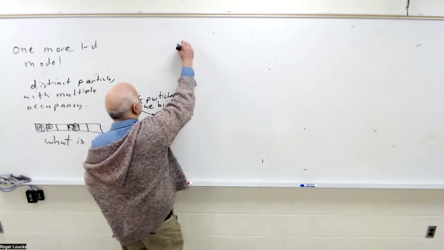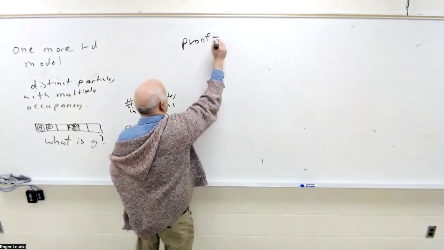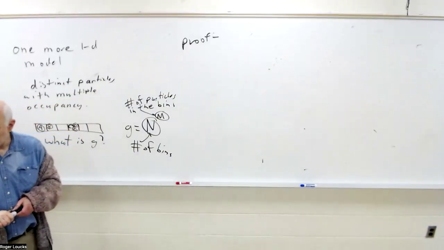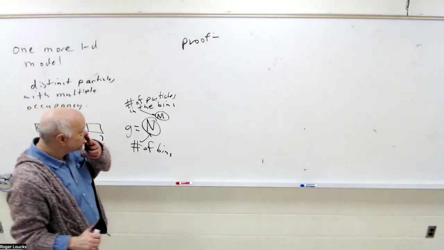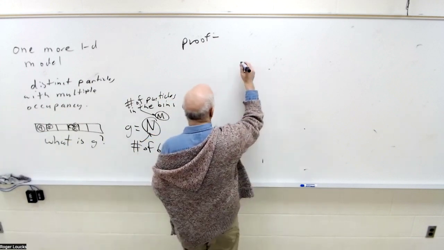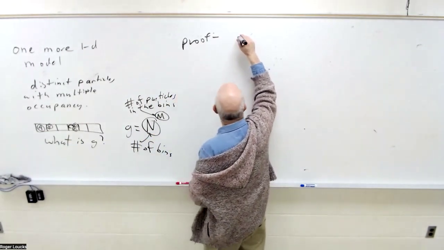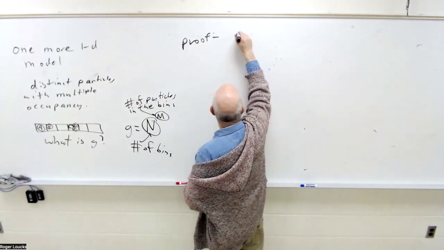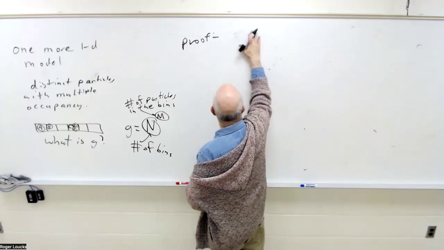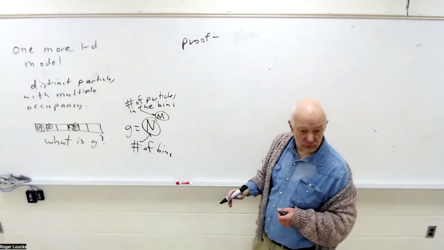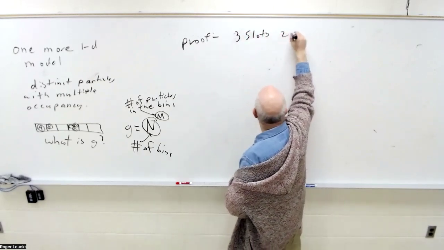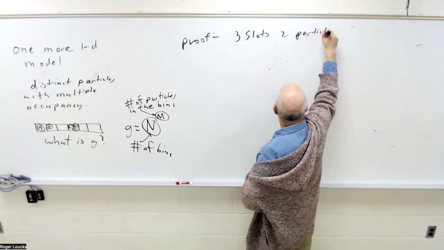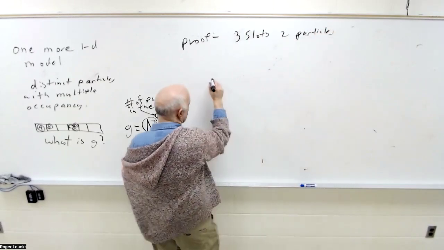I'm going to do a proof with cartoons because I think that actually makes more sense to me, at least in my tiny little brain. So let's take 4 slots. Oh, let's take 3 because I don't want to draw anything with 4. So 3 slots, 2 particles. Now I'm going to make a little grid here.